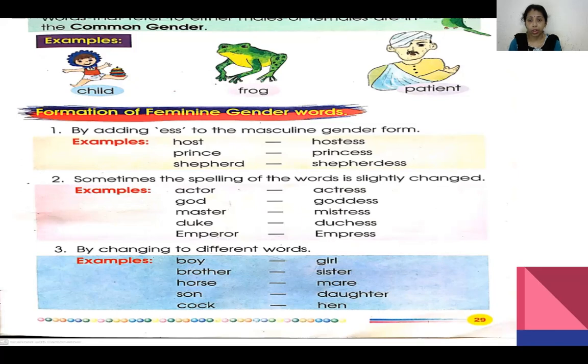Girl. What is the opposite word of father? Mother. What is the opposite of son? Daughter. So in this way, by using the opposite word, we can change the gender from masculine gender to feminine gender.